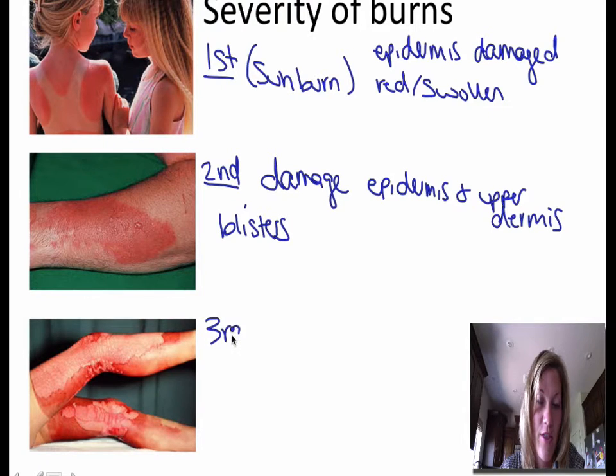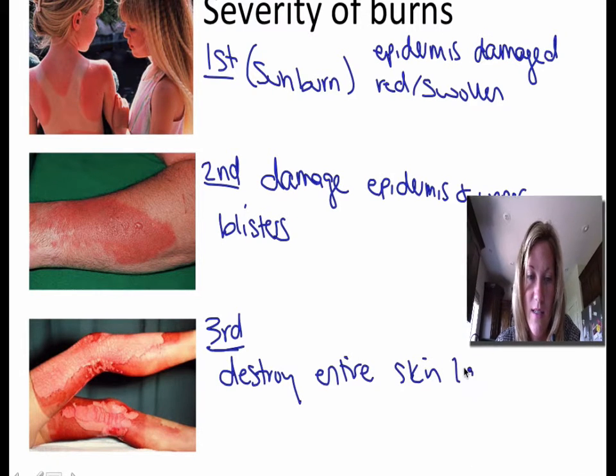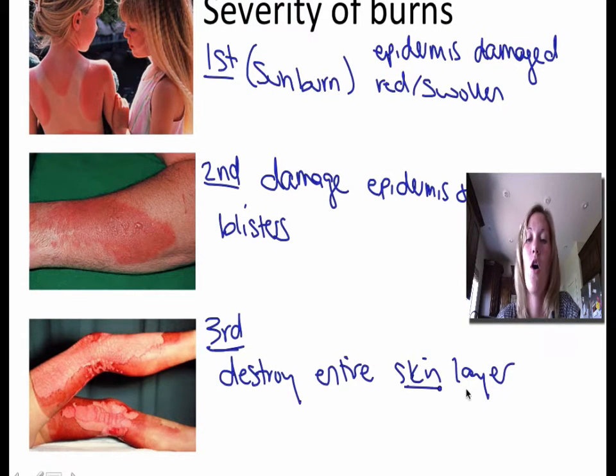And then our third-degree burns, doesn't this look terrible? Our third-degree burns are going to be considered critical. This is going to destroy the entire skin layer. So the whole skin layer, so we're talking about the epidermis and the dermis here.